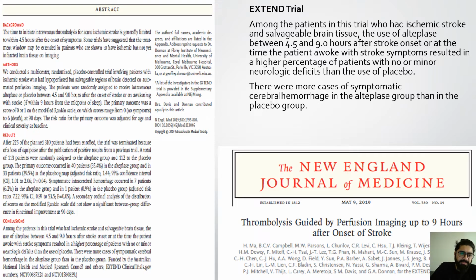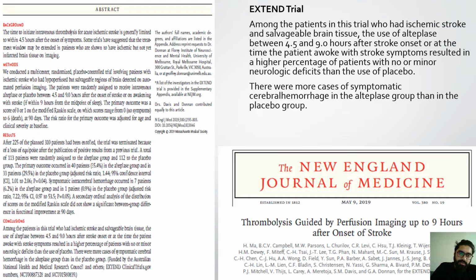In the results section, 225 of the planned 310 patients were enrolled in this trial, and it was terminated because of loss of equipoise after the publication of positive results from a previous trial. A total of 113 patients were randomly assigned to the alteplase group and 112 to the placebo group.